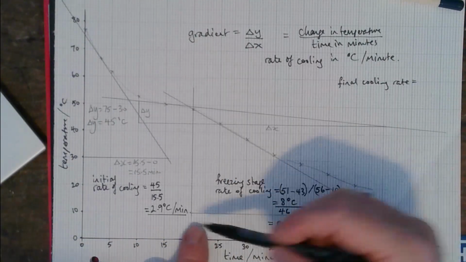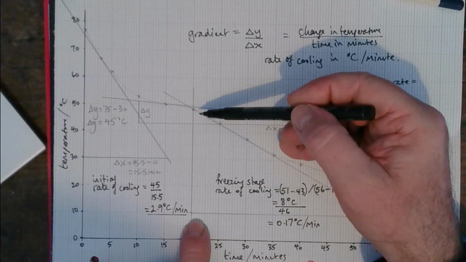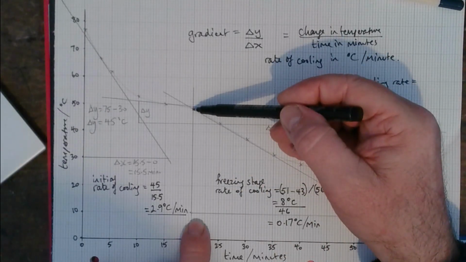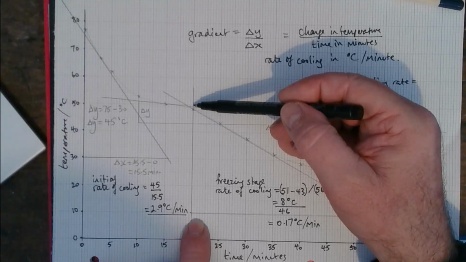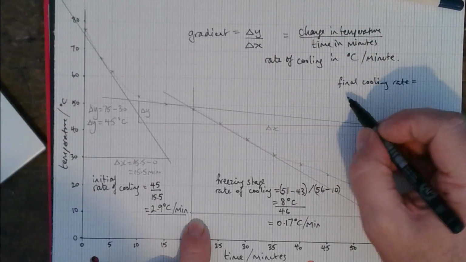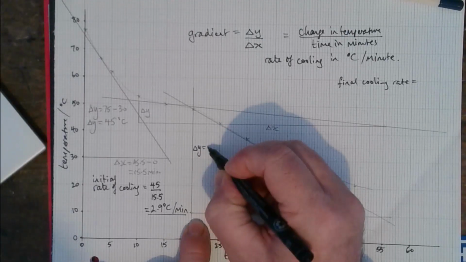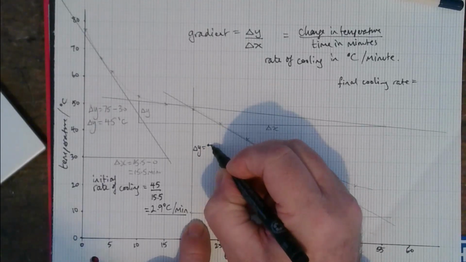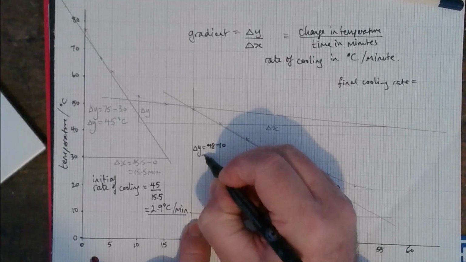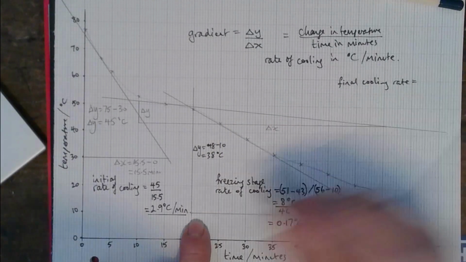Let's do the change in y first. I've got 10 degrees and 48 degrees. So my change in y for that one is 48 minus 10 equals 38 degrees C.